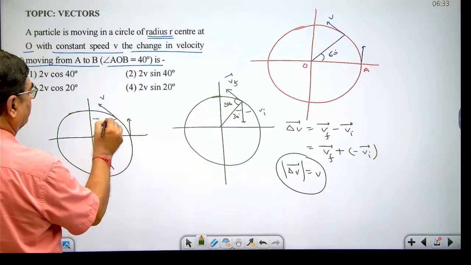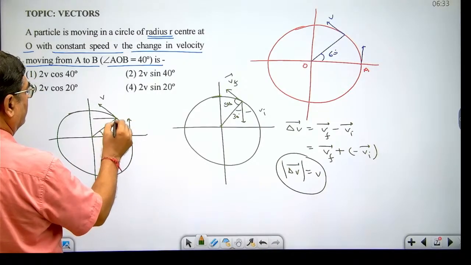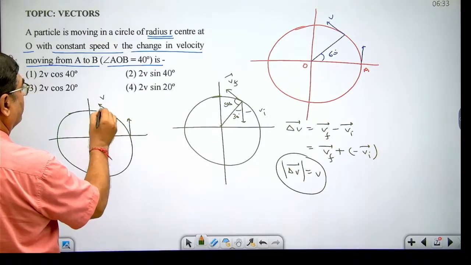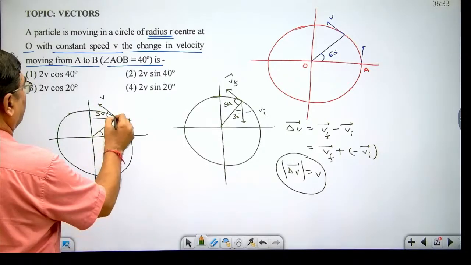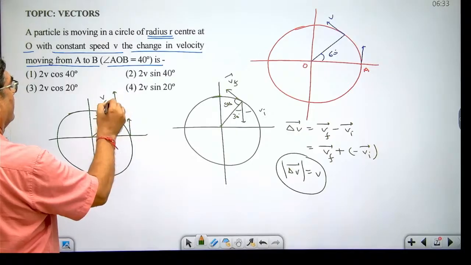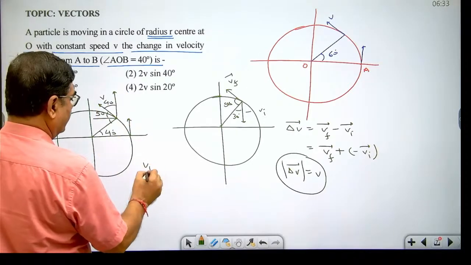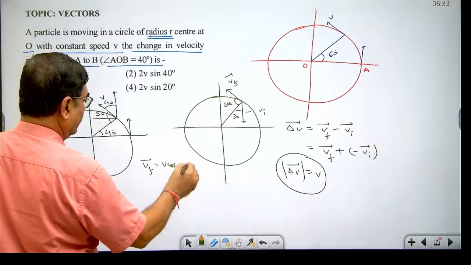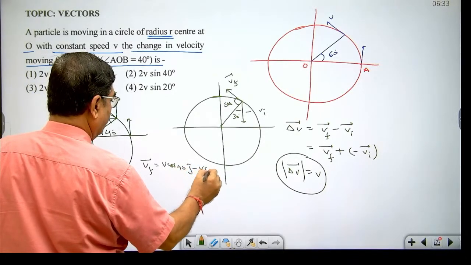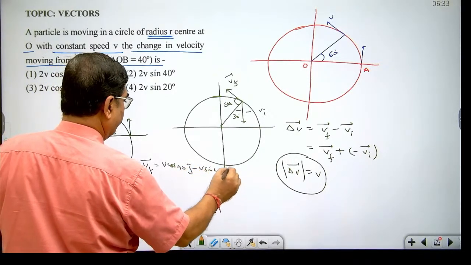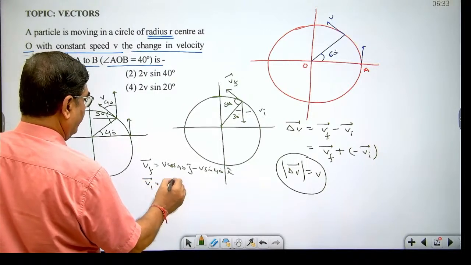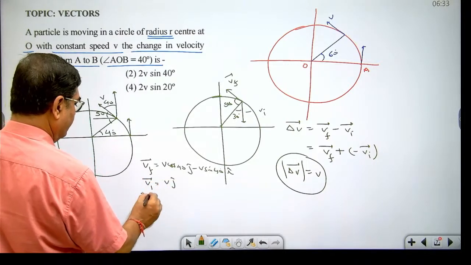So what you do? This angle is how much? This is 40 degrees, this is also 40, and this is 50. And this is 40. So the final velocity is V cos 40 j cap minus V sin 40 i cap, and the initial velocity is V j cap.